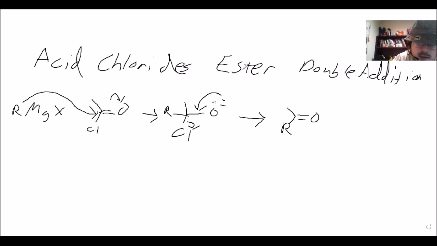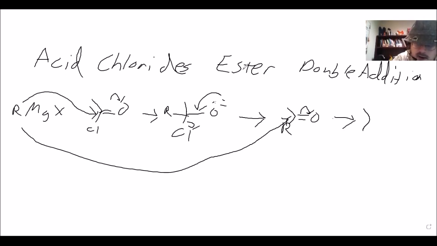We reformed our ketone, which then another equivalent of our Grignard can attack again, causing the shift up. And there we have a double addition of our R group. So in this way, we can add two equivalents of our Grignard.